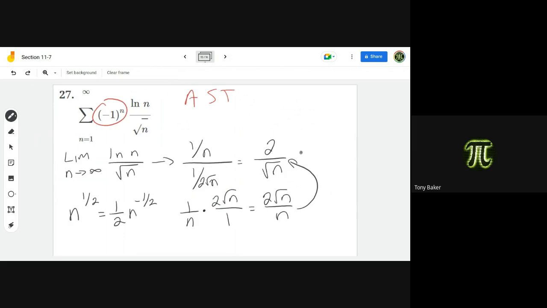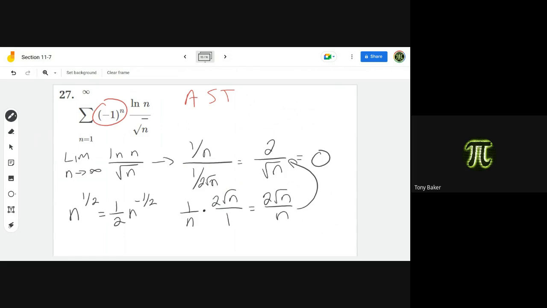All right, so now what's that limit go to? That goes to 0. All right, so we've determined that one was a little harder than most of the limits that you're going to have to do, but it goes to 0.